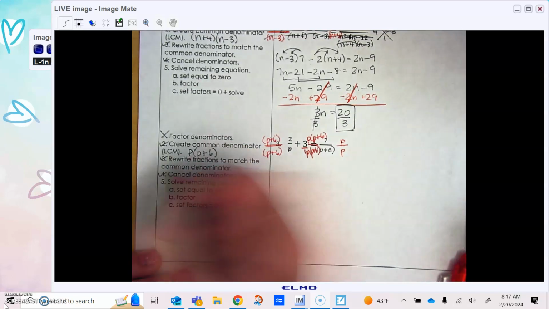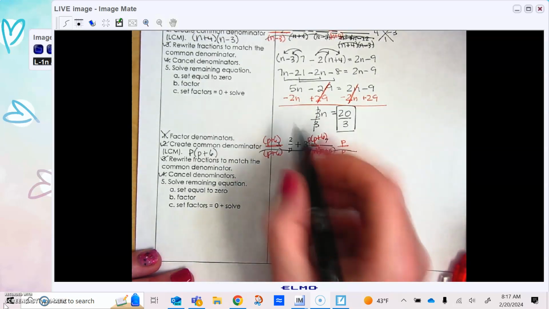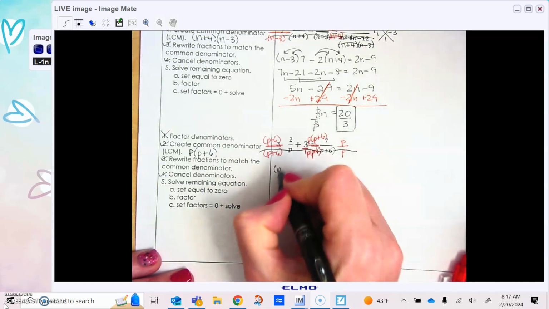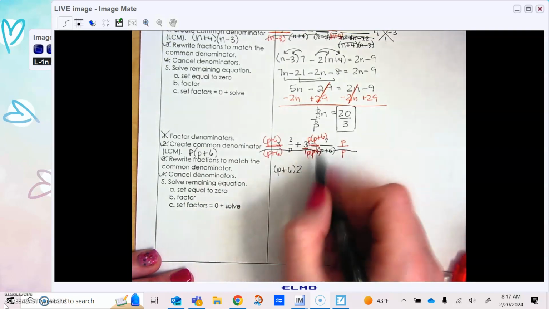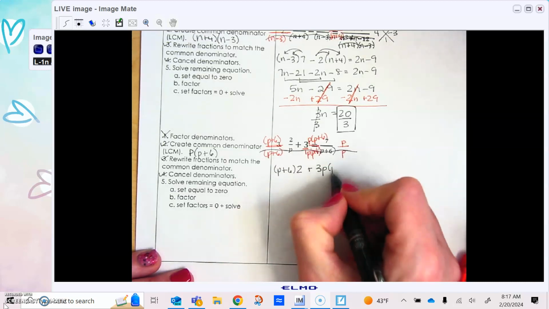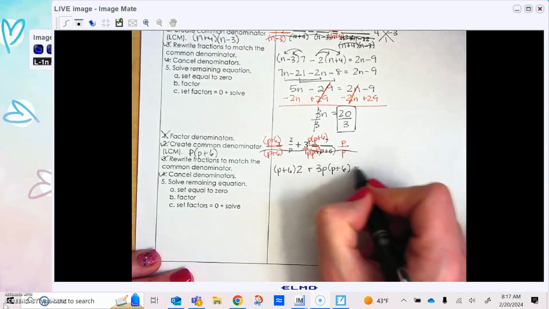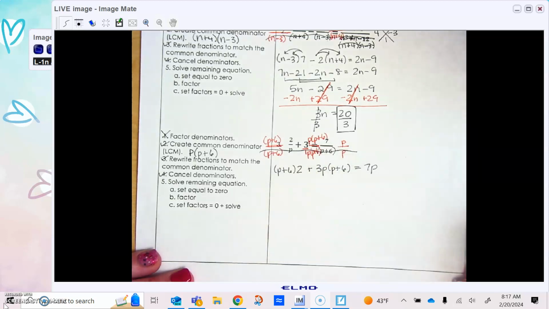Now let's cancel the denominators. In the first fraction, I have this group, p plus 6 times 2, then plus 3 times p plus 6. And on the right-hand side, I have 7 times p.